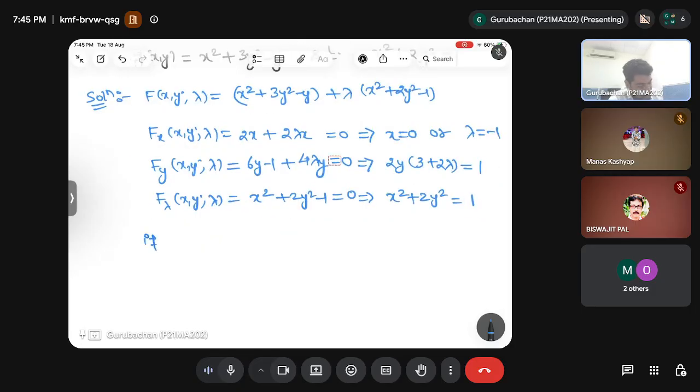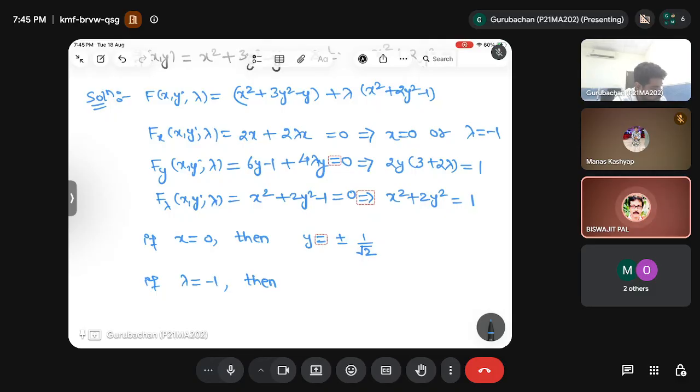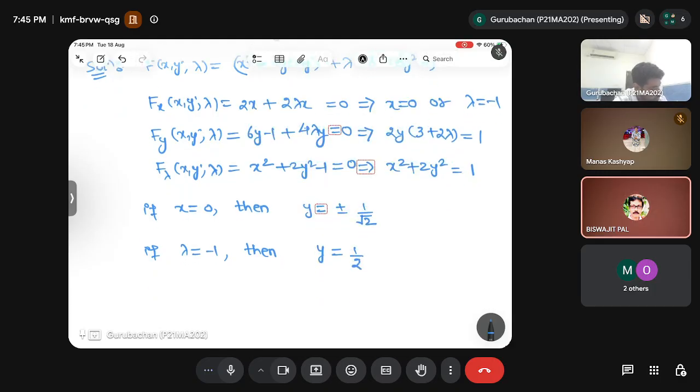Suppose if x is 0, then what will you get? y is equal to plus minus 1 by root 2. If lambda is minus 1, then y is equal to half and x is equal to plus minus 1 by root 2.